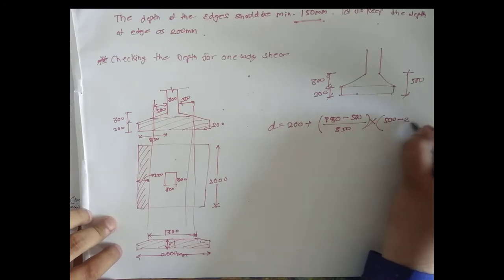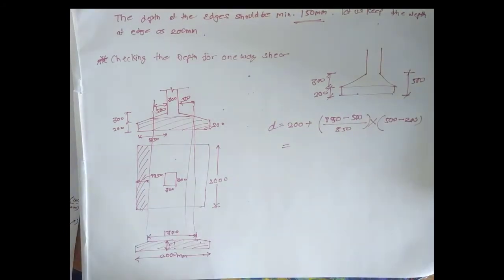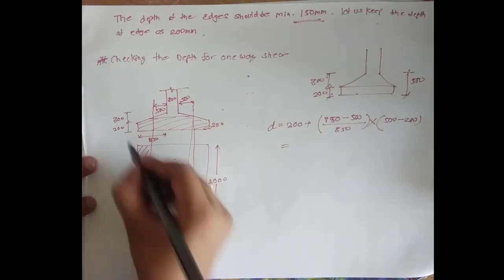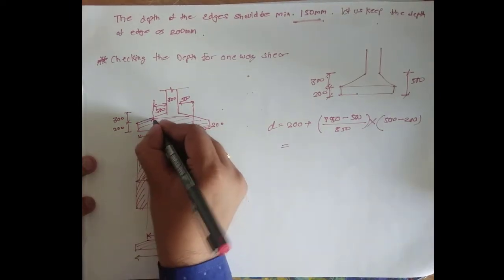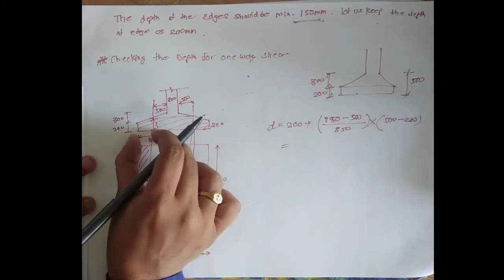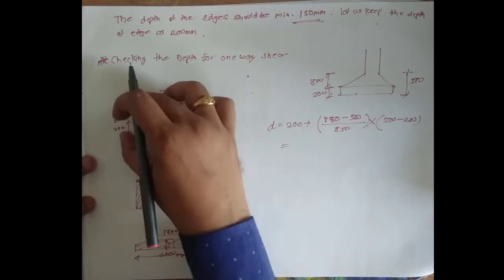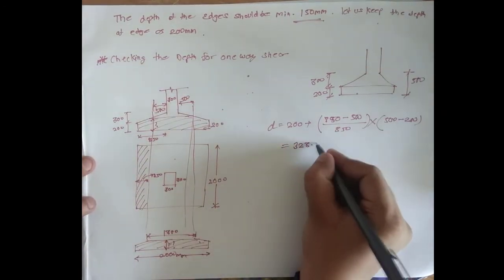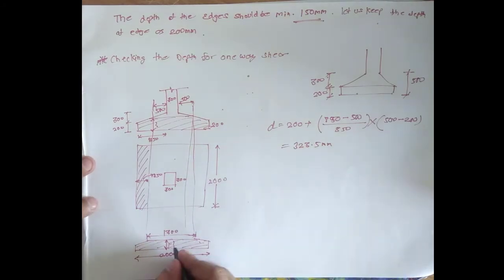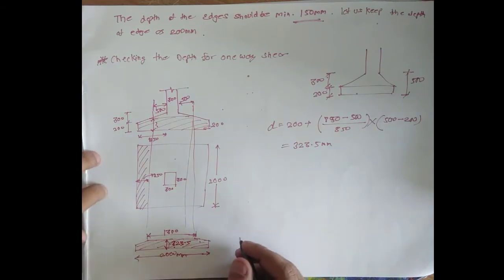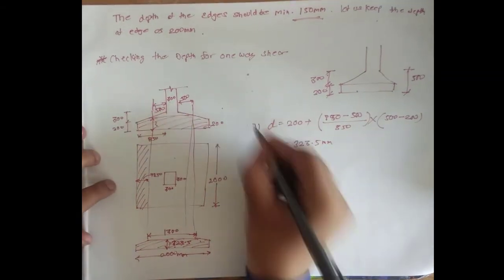Once again, 200 plus 850 minus 500 into 500 minus 200, it is coming out to be 323.5 mm. So this height will be 323.5. Clear? So this we have calculated.